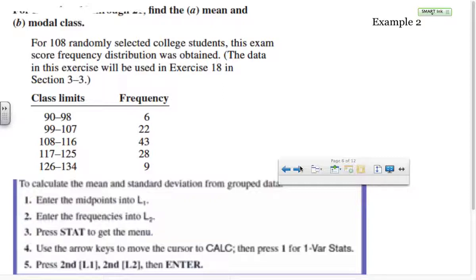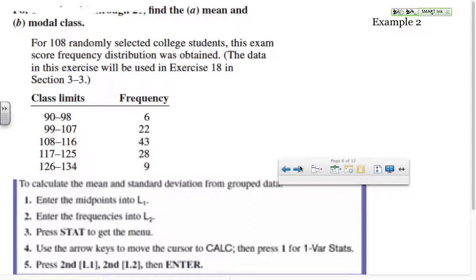Now, it's a little fuzzy when this was cut and pasted, so I'm going to try to get through this by explaining the steps. It's really not hard with a graphing calculator. What we're trying to do is find the mean. So we need to find the midpoints. No, we did not do that last time. Sorry, I jumped ahead.